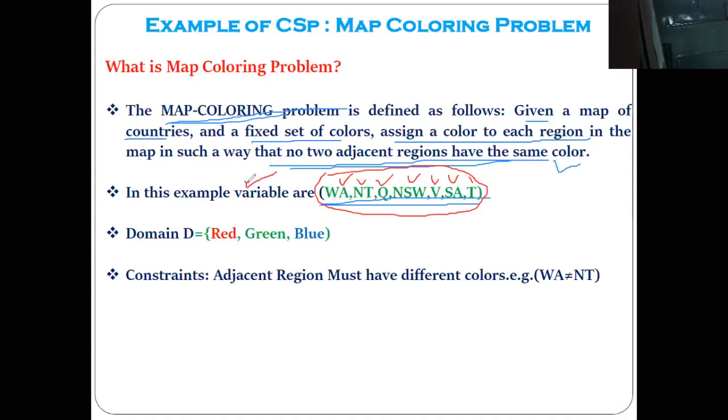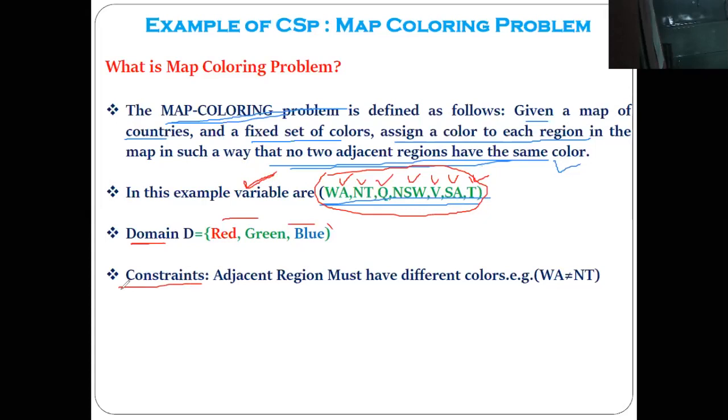Variables. I hope you remember the meaning of variable. And we have the domain given. So what should be the domain? The given required colors. Yes or no? Yes. So for the domain we have red, green, blue. Using these colors, we have to color all these regions.